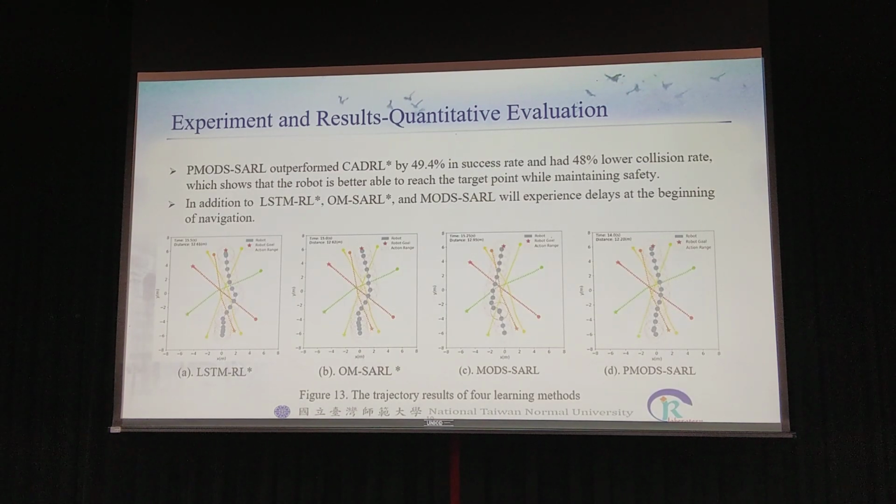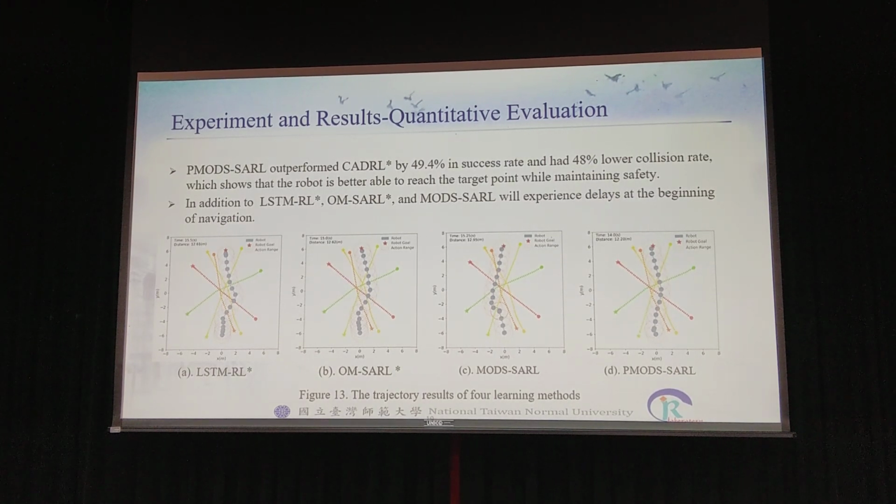In figure 2, PMO-DSAR outperforms CADIO by 49.4 in success rate and has 48 lower collision rate, which shows that the robot is better able to reach the target point with more safety.